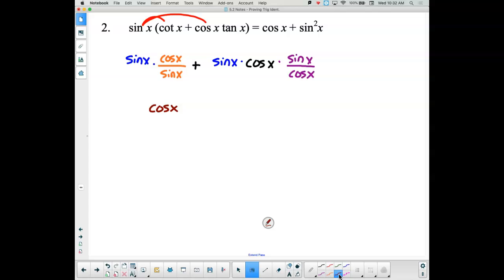The right fraction simplifies to be sine squared of x.